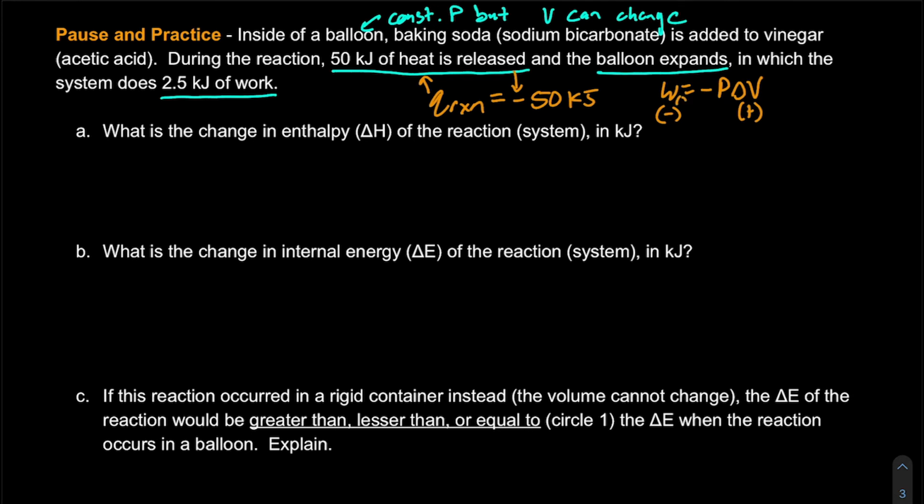Remember, this is the work of the reaction. And the system, or our reaction, does work. When we say something does work, you're losing energy when you do work. So, going back to conceptually what we just identified, our work is negative 2.5 kilojoules. A couple of observations to make.